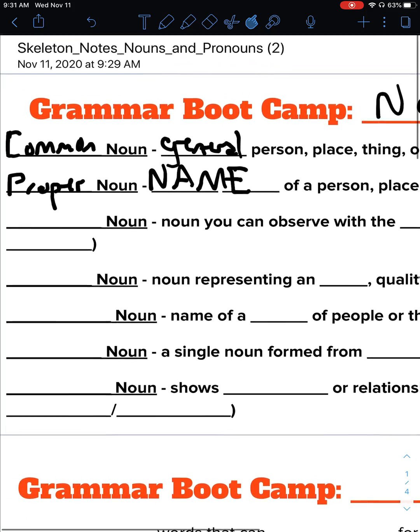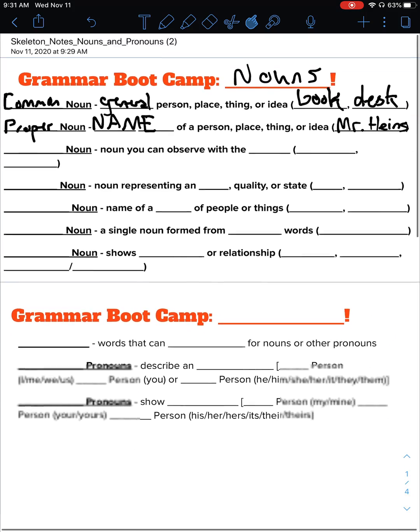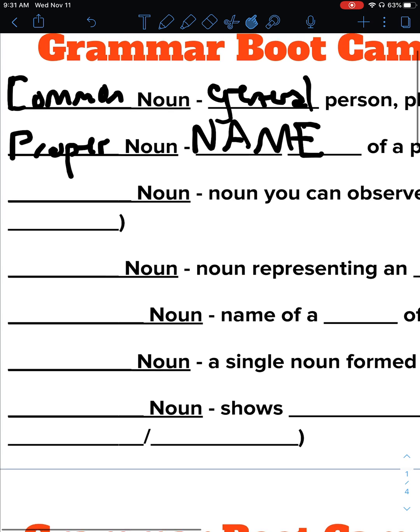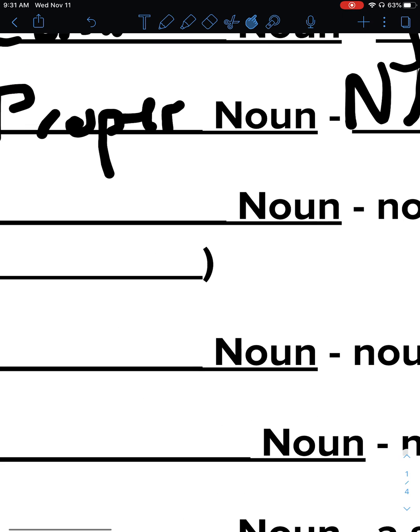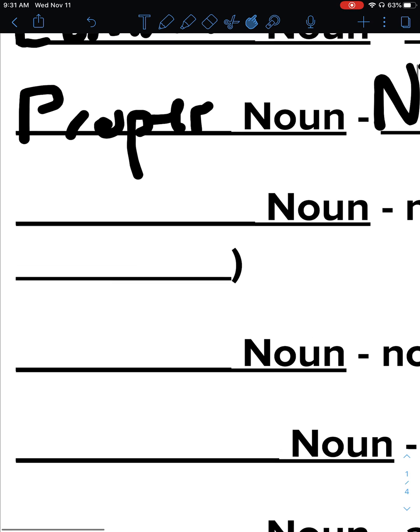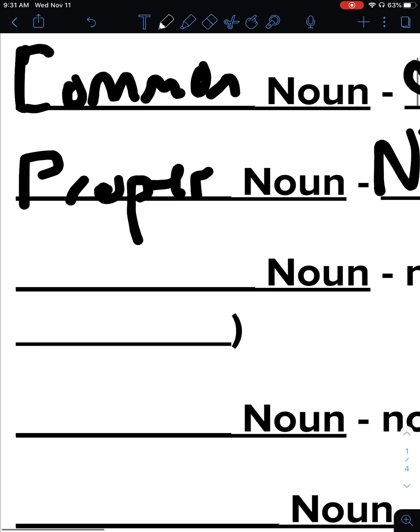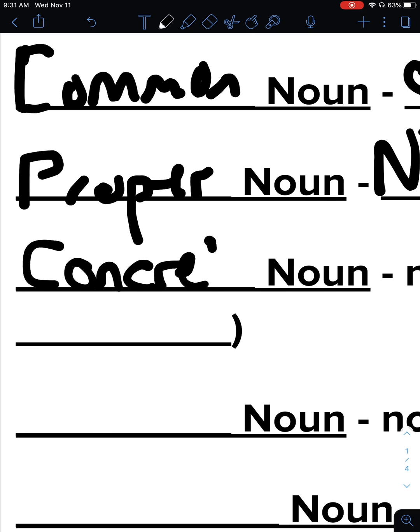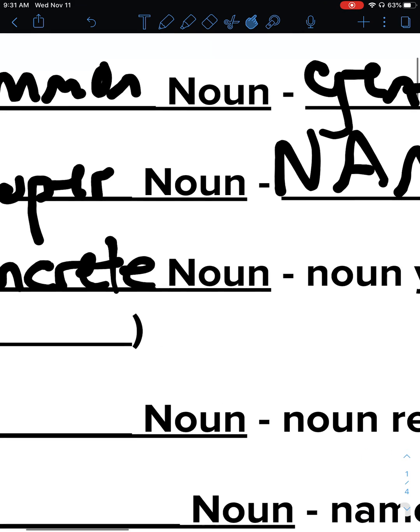Your next one is a noun that you can observe with the senses. We call this a concrete noun. Not concrete as in the pouring concrete, but concrete as in something very hands-on. All right?